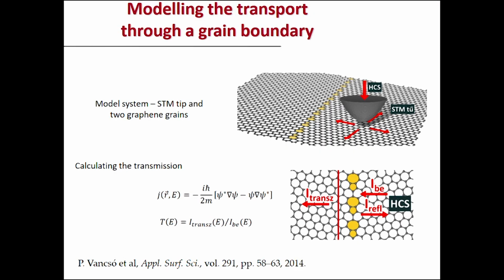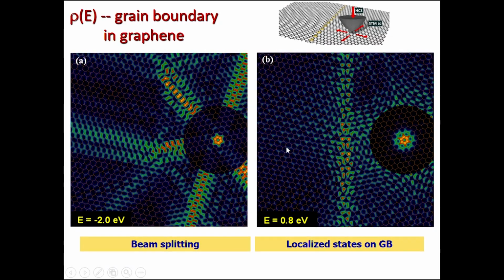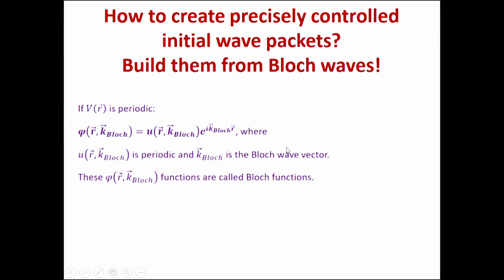We utilized it in interesting calculations, for example for graphene grain boundaries. This is this calculation. But the question is, how can we create precisely controlled initial wave packets on the graphene surface, or on any nanosystem?